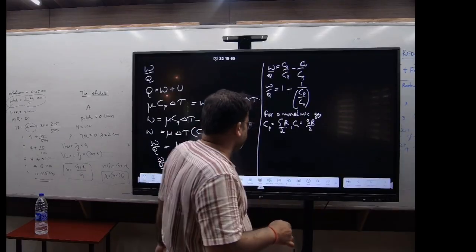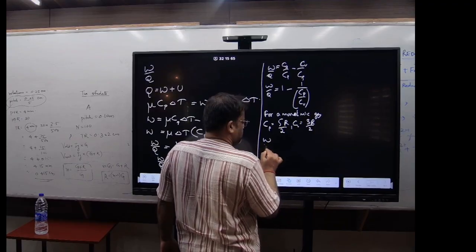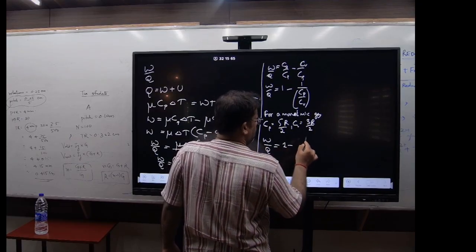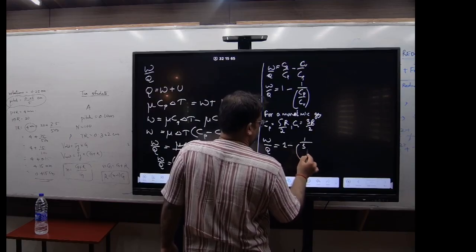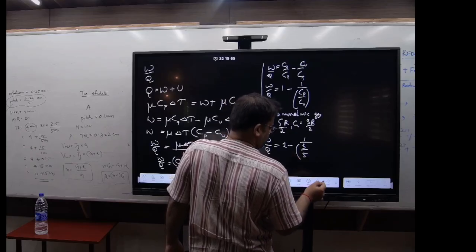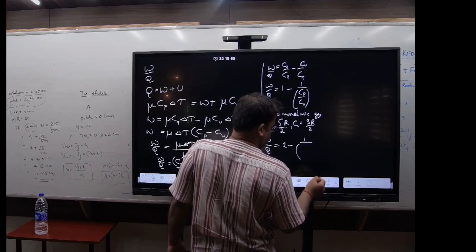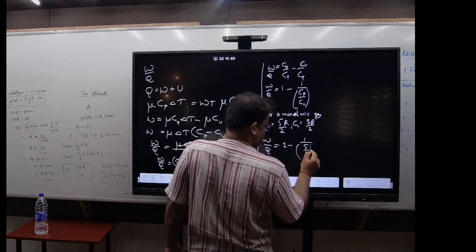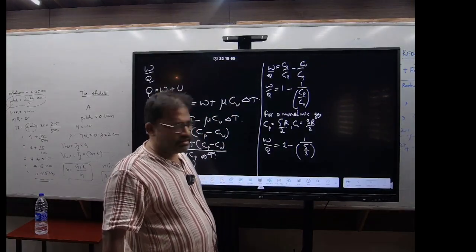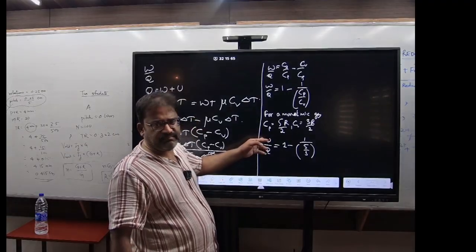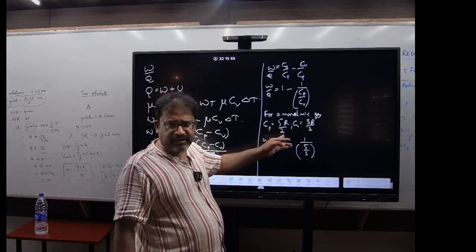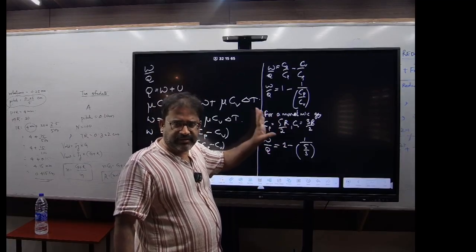Substitute that in this equation, we can write W by Q equal to 1 minus 1 divided by 5 by 3. Correct? Because we are dividing Cp by Cv, 5R by 2 divided by 3R by 2. So R by 2 will cancel, and we get 5 by 3.